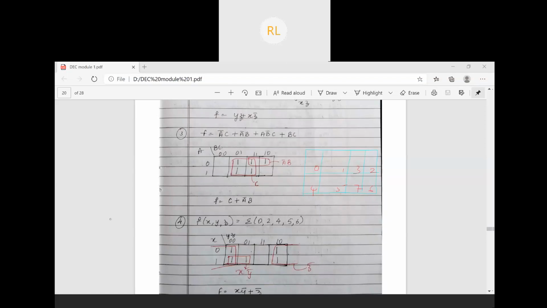So what I'm going to do is put my x, y, and z here. Once this is here, I have 0 1, 0 0 0 1 1 1 1 0.